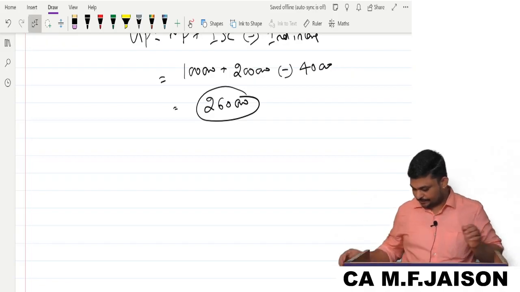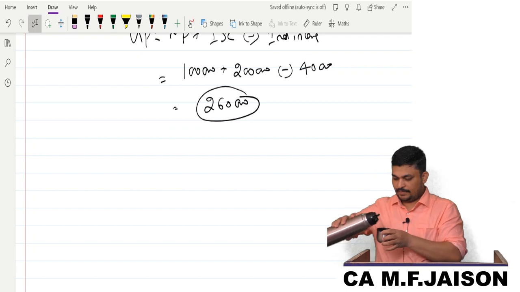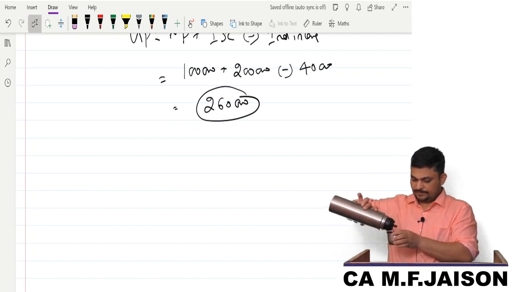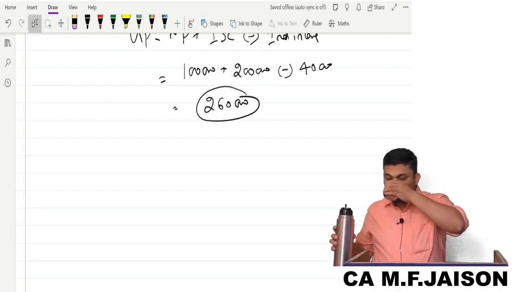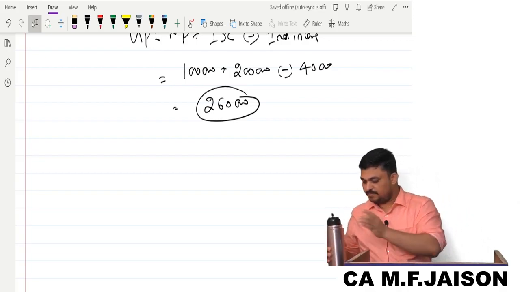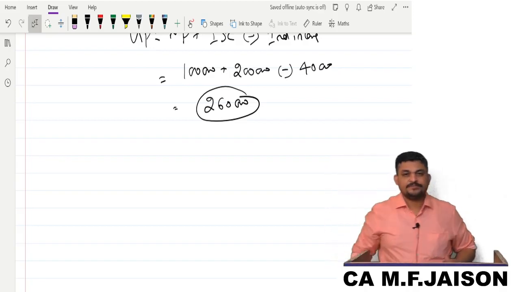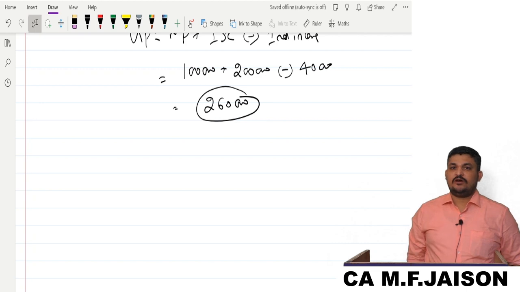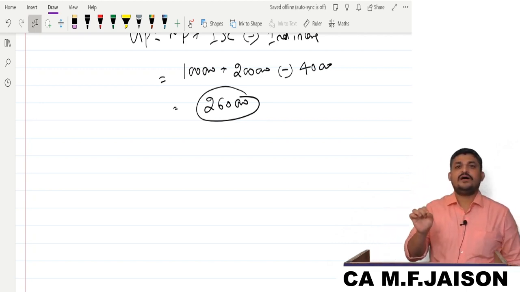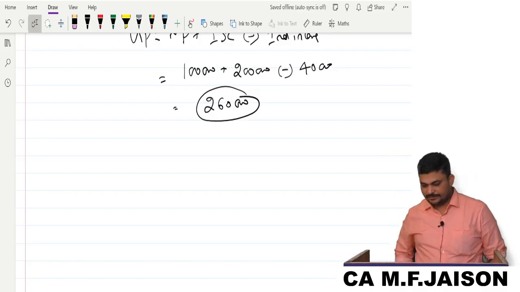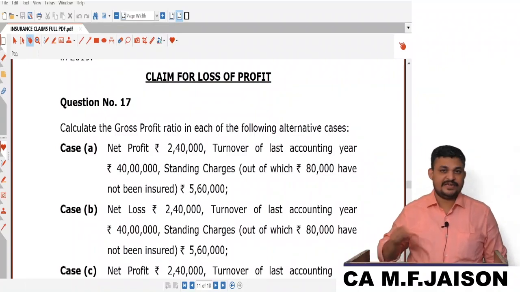Proceeding further. Having understood the base concept of gross profit equal to net profit plus insured standing charges, we are going to take question number 17.